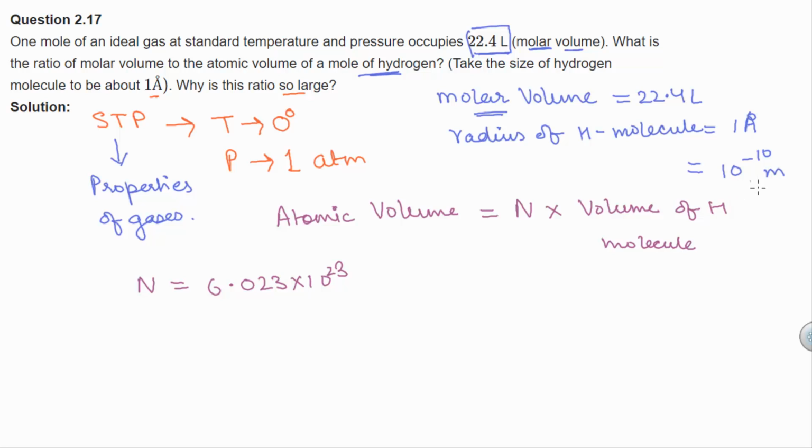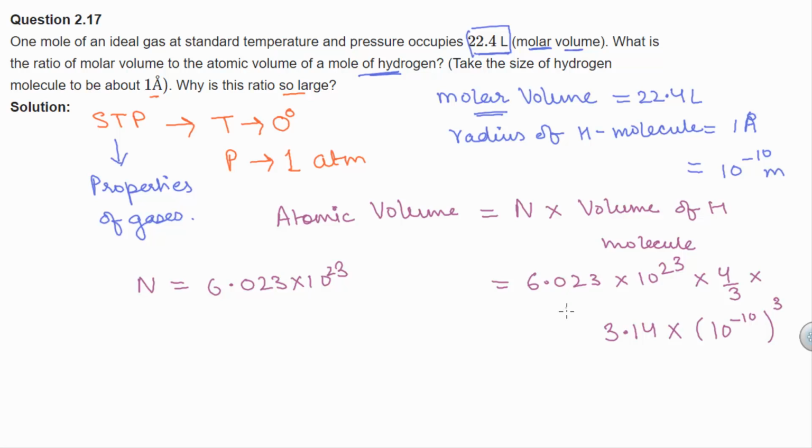So putting in the values, we get 6.023 into 10 to the power 23 times 4 by 3 times pi times the radius of hydrogen atom, which is 10 to the power minus 10, whole cube.